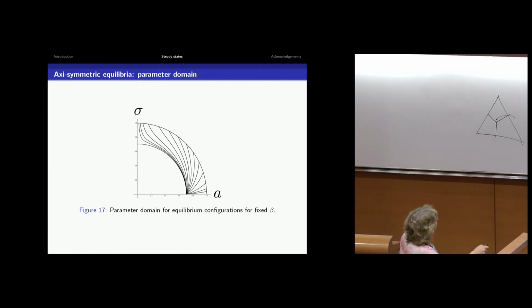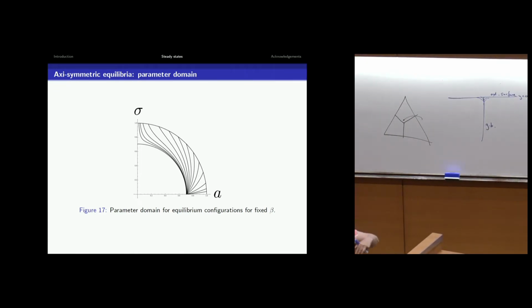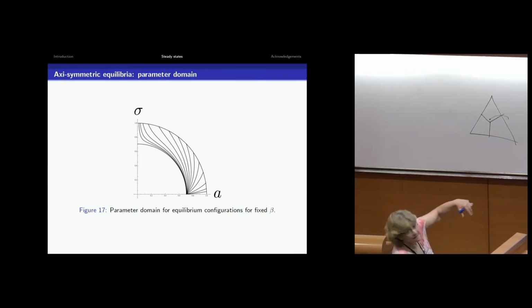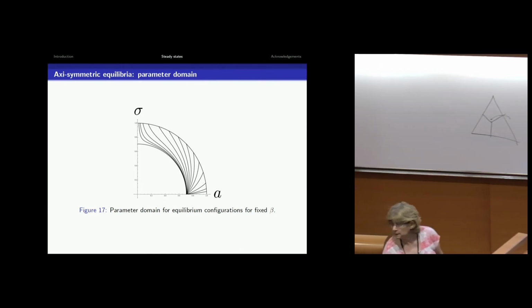They're all coming out of this corner here. That corner is when the two grains detach. And the other limit, on this outer boundary, is when the triple junction is coming up and meeting the outer bounding cylinder.